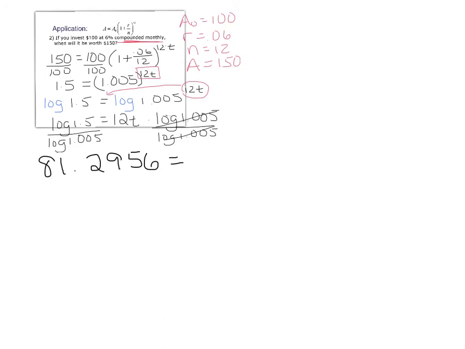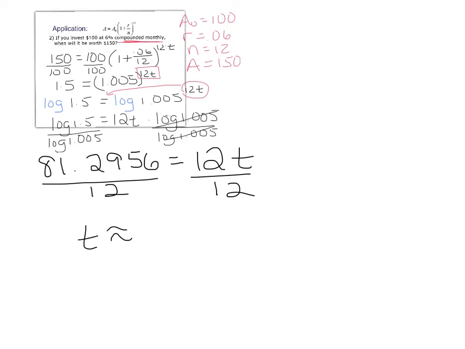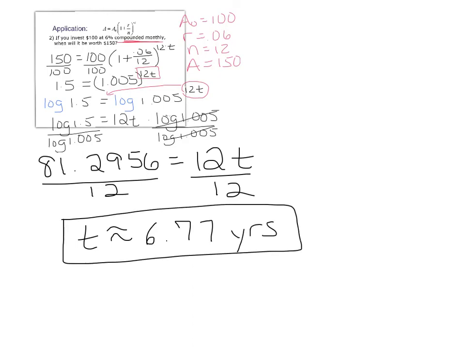You don't have to write out these intermediary steps if you don't want. That equals 12t, and then I divide by 12, and I get t is approximately 6.77 years. And there you go.